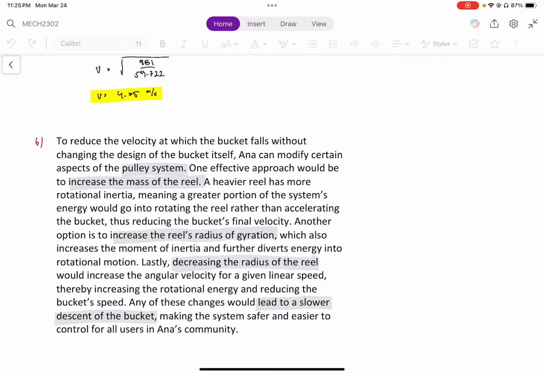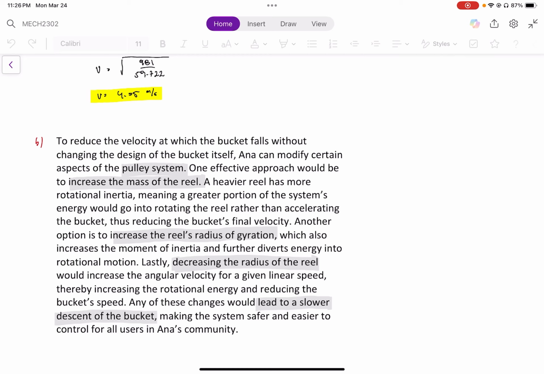Another option is to increase the reel's radius of gyration, which would also increase the moment of inertia and further divert the energy into the rotational motion, which would then decrease the velocity. Lastly, decreasing the radius of the wheel would increase the angular velocity at any given linear speed, thereby increasing the rotational energy and reducing the bucket speed.